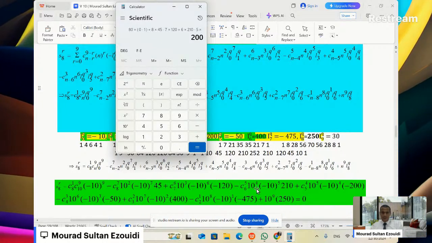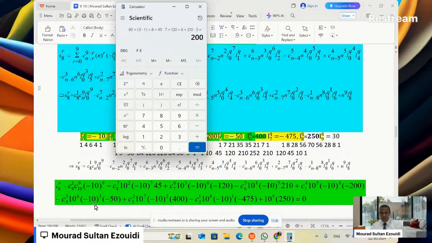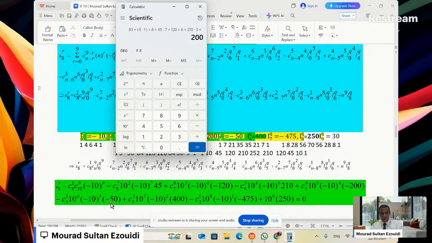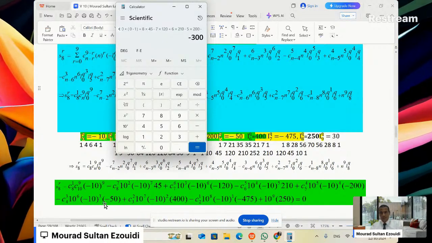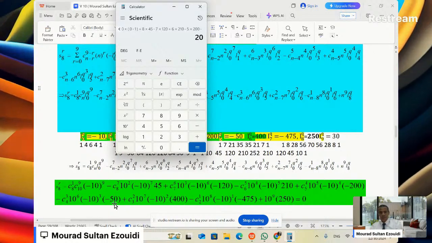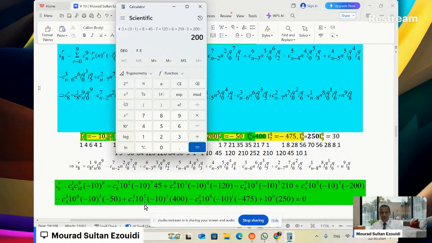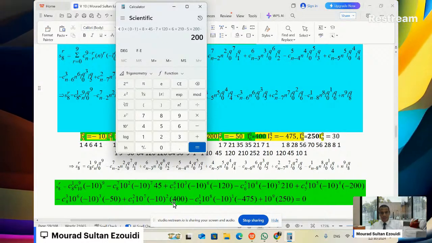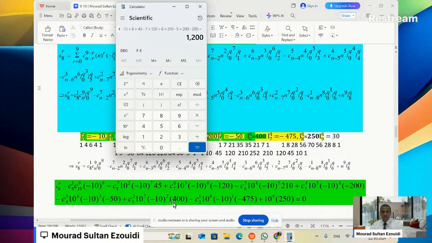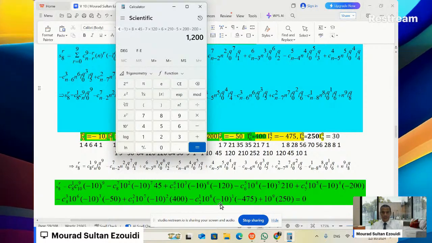Okay, this is also negative. This is negative. So negative multiplied by negative multiplied by negative is negative. 4 by 50 is 200. Then plus multiplied by plus is positive, so it will be plus 1200, because 3 by 400.